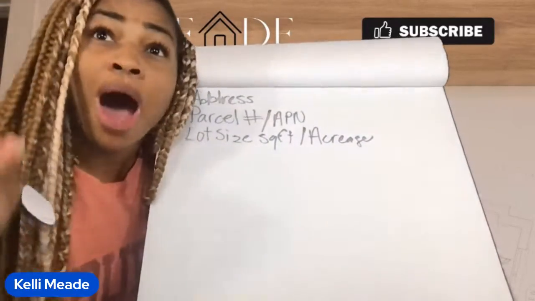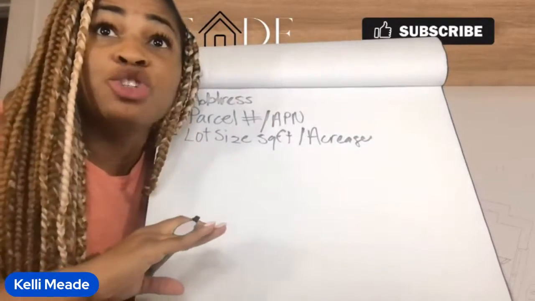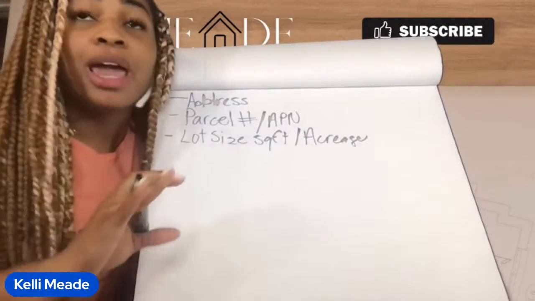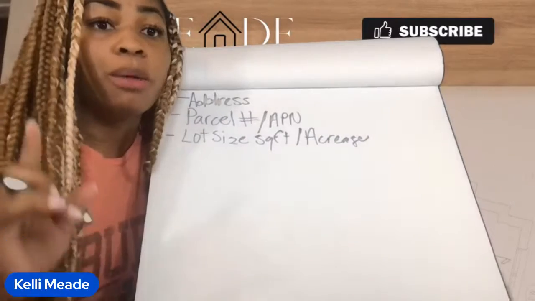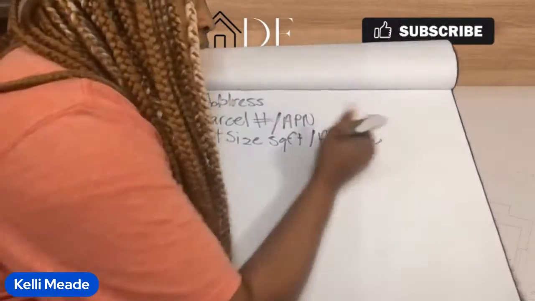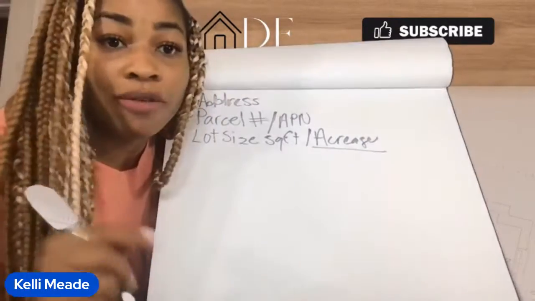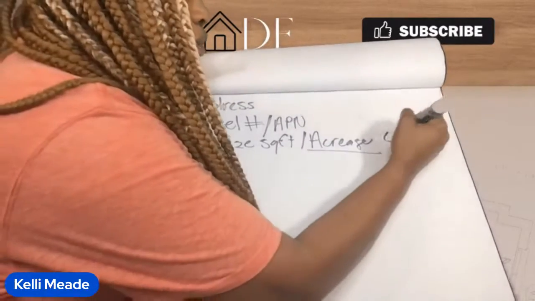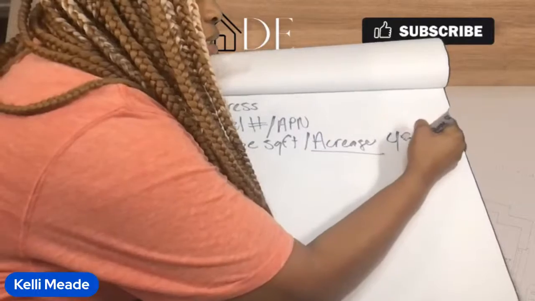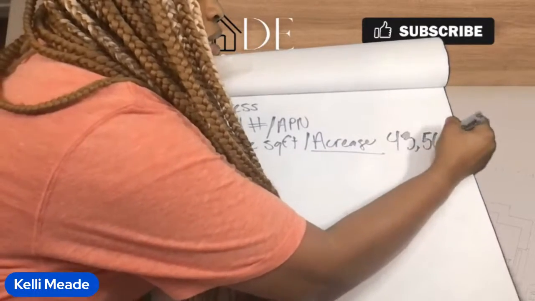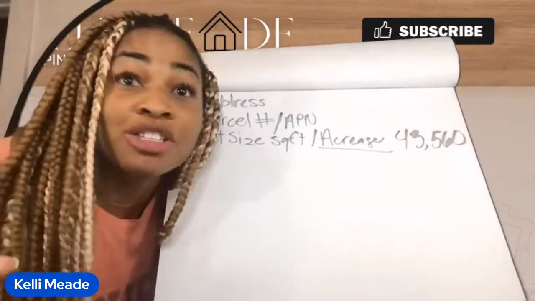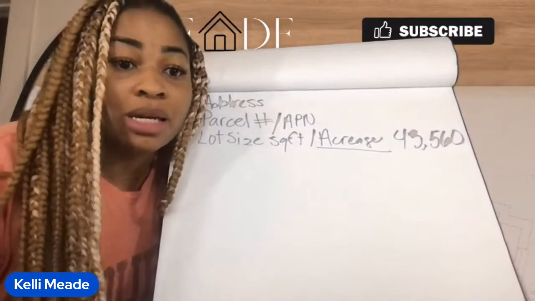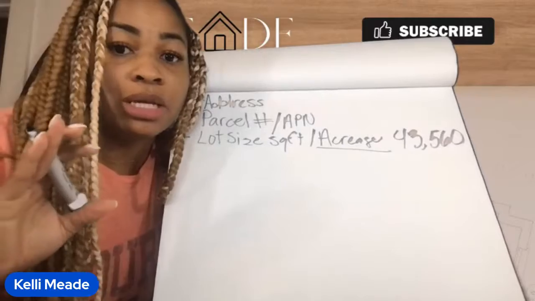There's a number you always want to remember if you ever want to get into land, flipping land, developing land, anything land related: the number of square feet in an acre. The square footage for an acre is 43,560. For all my realtors out there, you should know this. This is something you will always need to have. It's just a number you need to memorize.